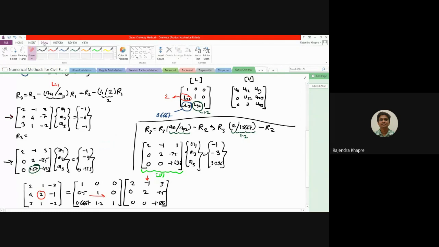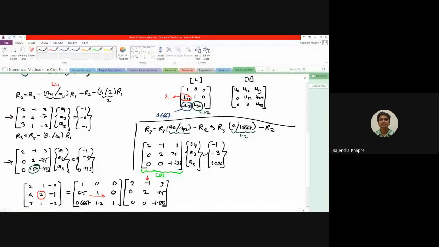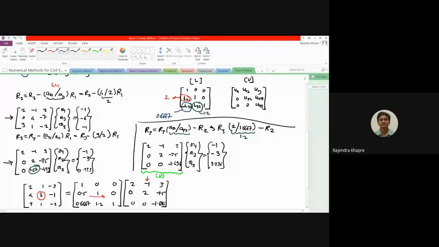Okay, so now you have R3 equals R3 minus some factor into R1, where this will be A11 and this will be A31. So this will be R3 minus A31, which is 3 divided by 2, into R1. So this is going to become 1.5.